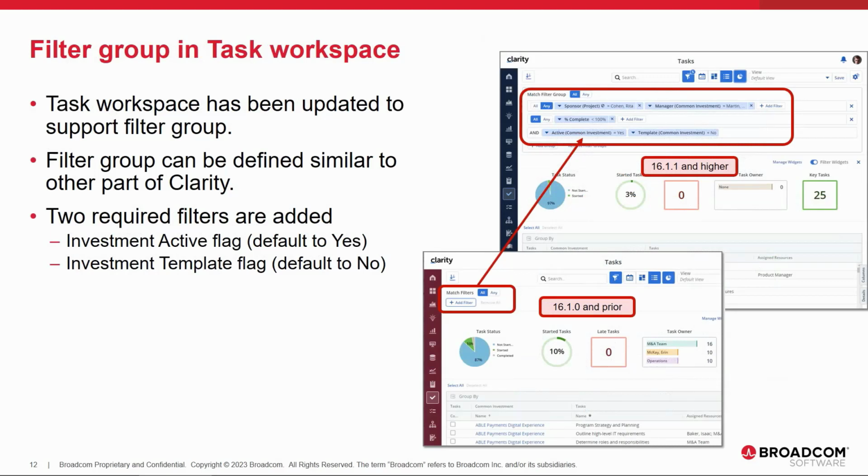The filter group will work similar to how it does in the other parts of the application. And by default, there are two required attributes that have to be populated in the filter. These are the investment active flag, which is defaulted to yes, and the investment template flag, which is defaulted to no.